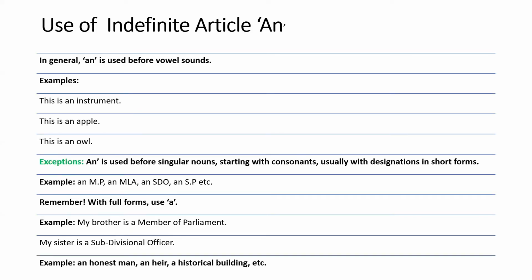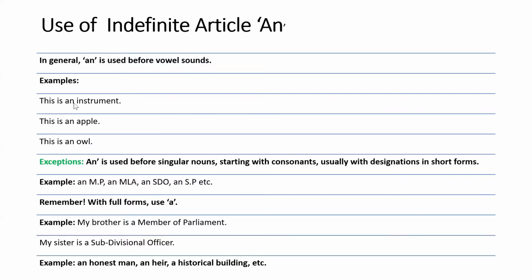Dear learners, let's move on to the use of the indefinite article "an." I have already talked about the basic rules. In general, "an" is used before vowel sounds. Examples: this is an instrument, this is an apple, this is an owl.